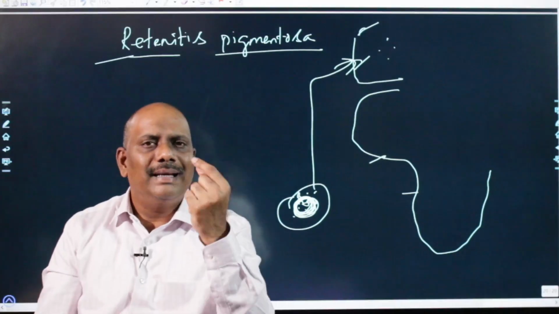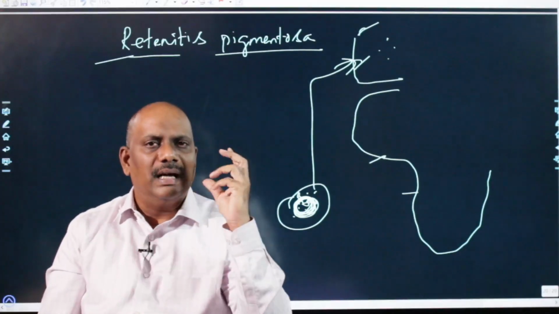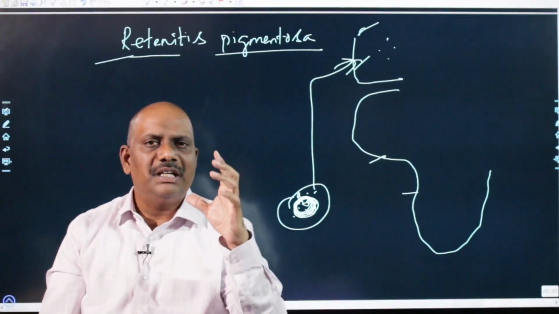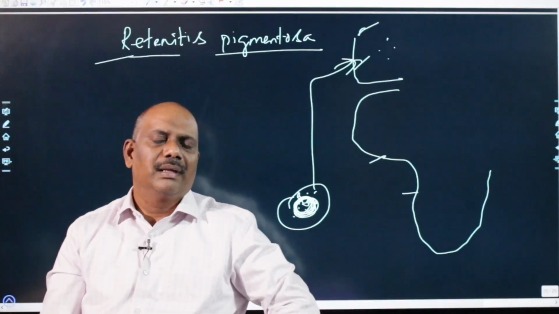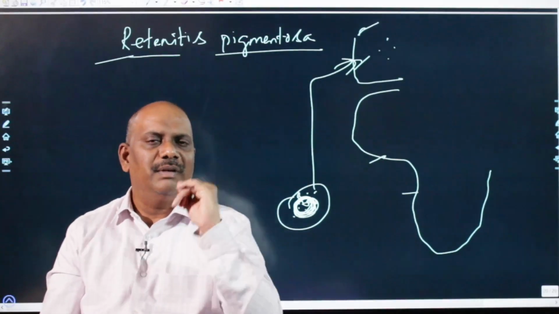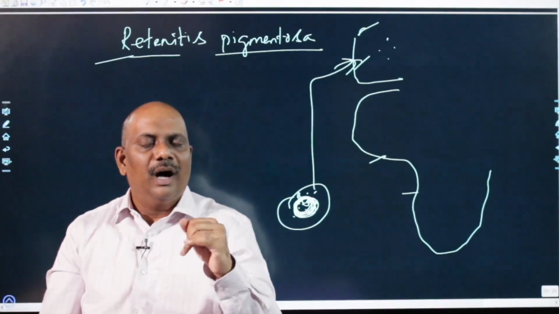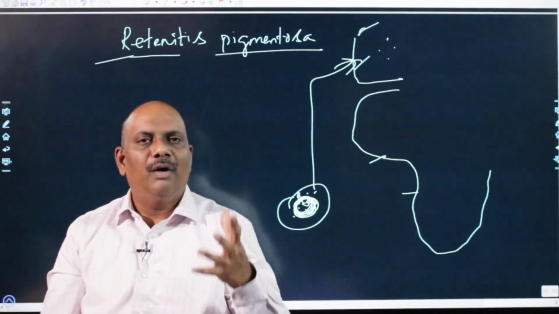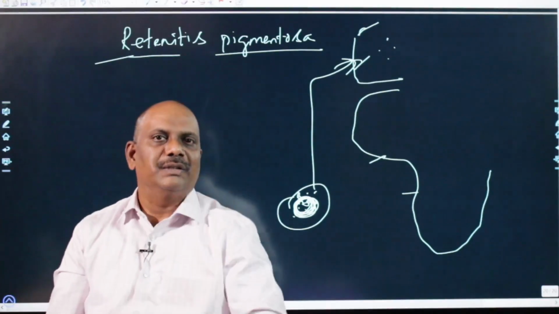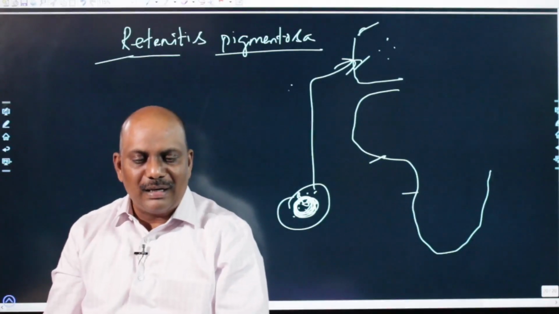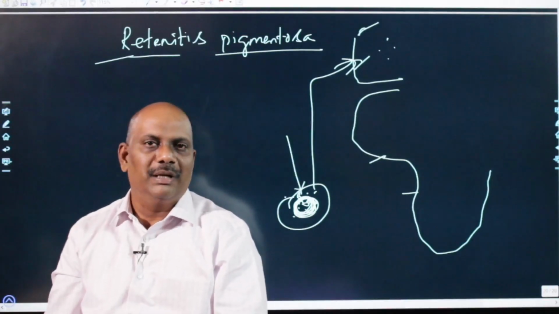This is one example to show that isolation can produce variation in a population. Here, genes are responsible for the variation, but how did the gene get multiplied and become prominent? Isolation. So isolation may alter the genetic makeup of the population.